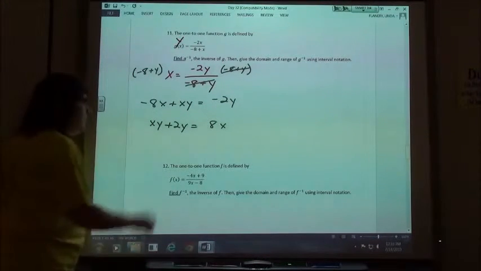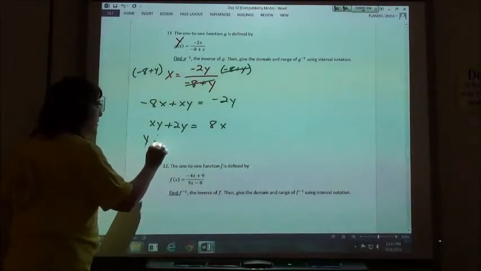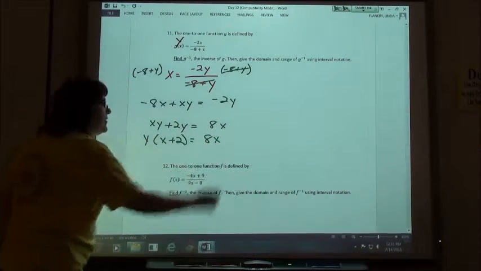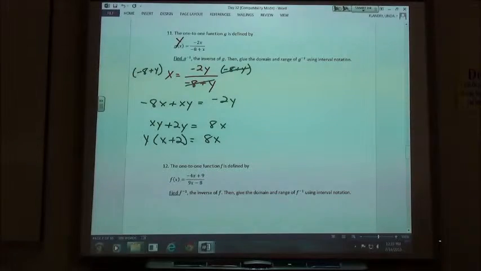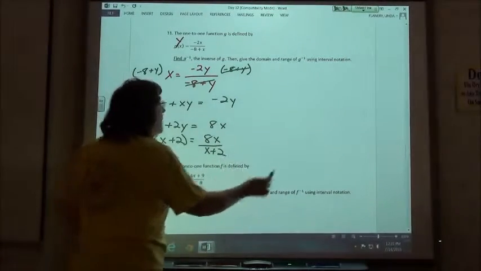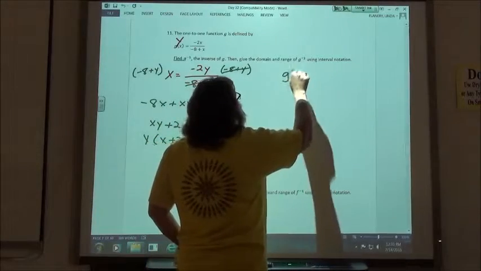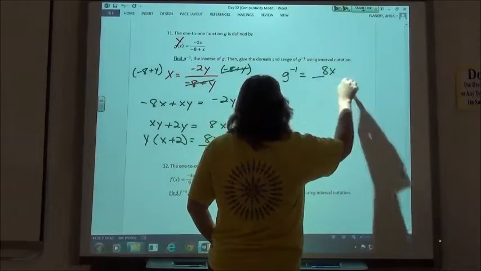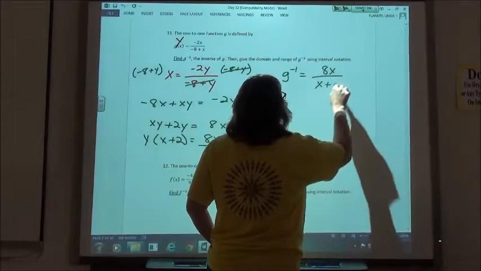Factoring my y out, y times x plus 2 equals 8x. And then, of course, I can divide. So my inverse function is equal to 8x over x plus 2.